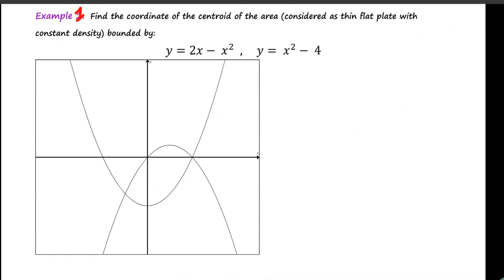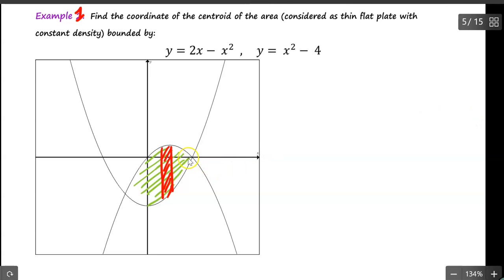We will have to do a few important steps here. Before we stop the video, again I would like to mention that we shade in the area, identify the upper function and the lower function, and in this case we have to use the vertical element so that we can have x. The upper function in this case will be the parabola that opens down.